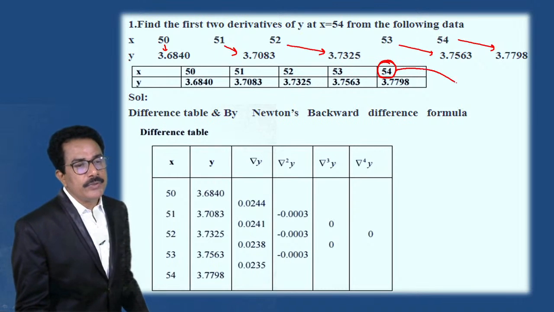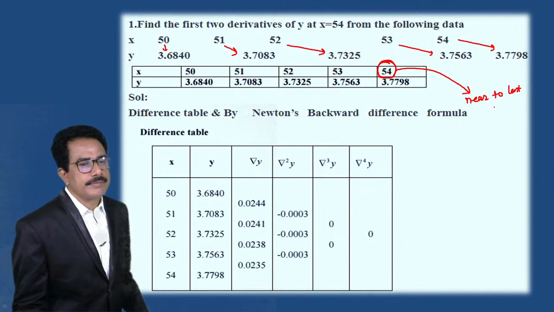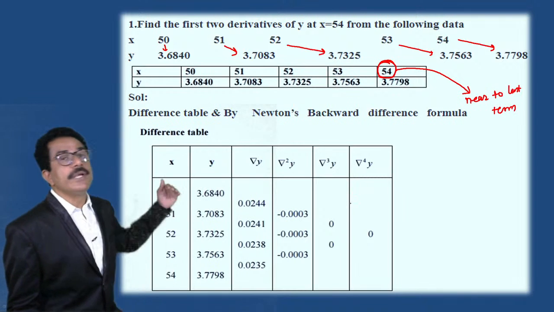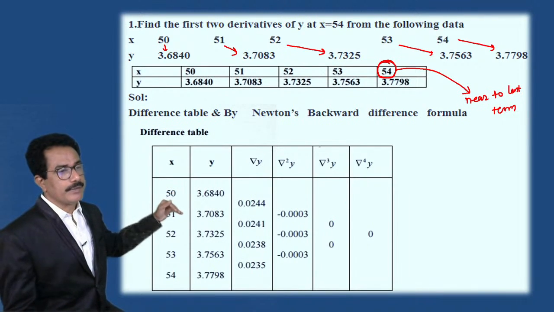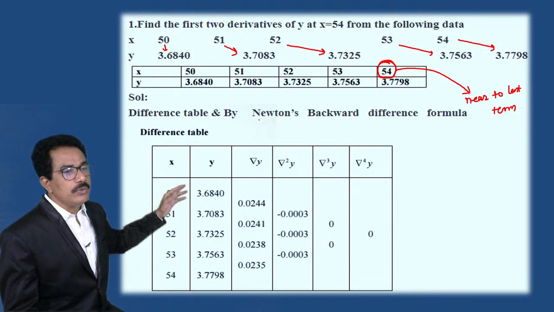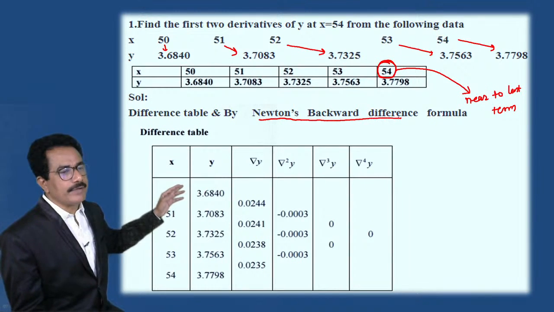And this 52 is nearer to the last term. So we have to use Newton's Gregory backward difference formula.